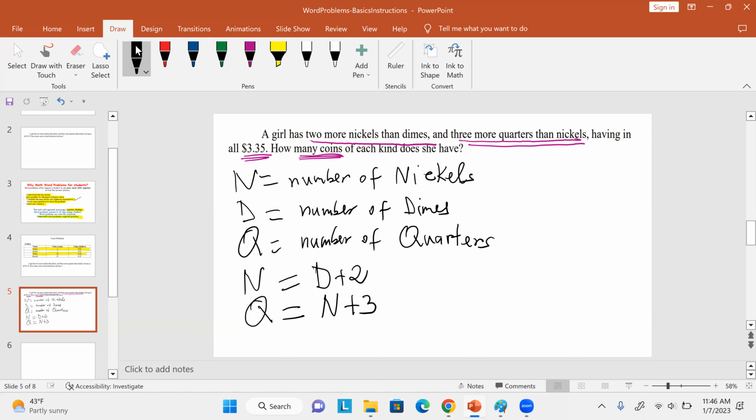Having in all $3.35. That means what? If you take the number of nickels, you multiply by 0.05. Why do I multiply by 0.05? To know the value. How much is a nickel in dollars?